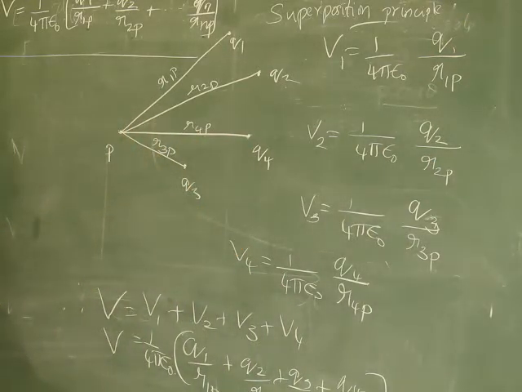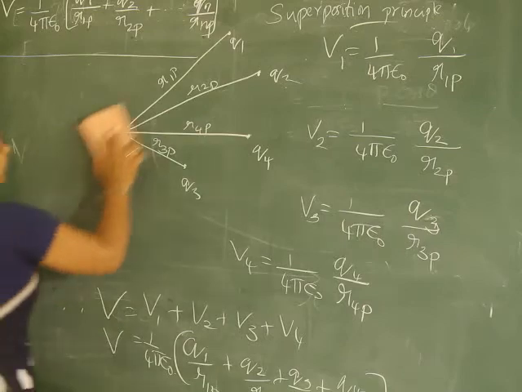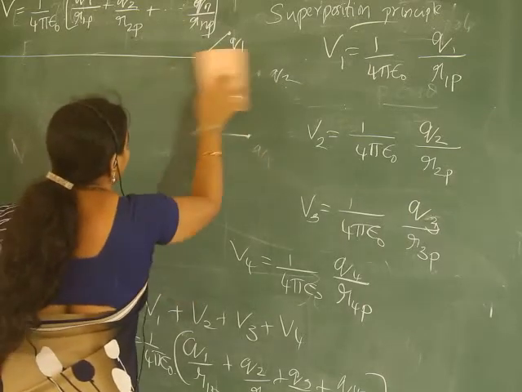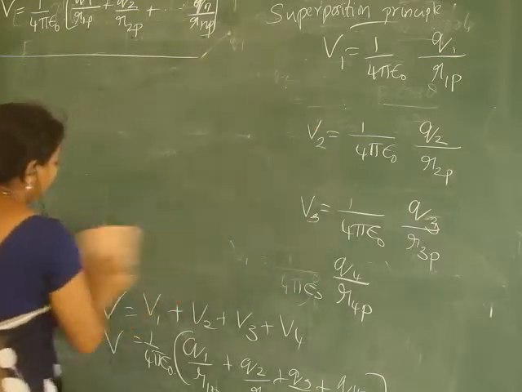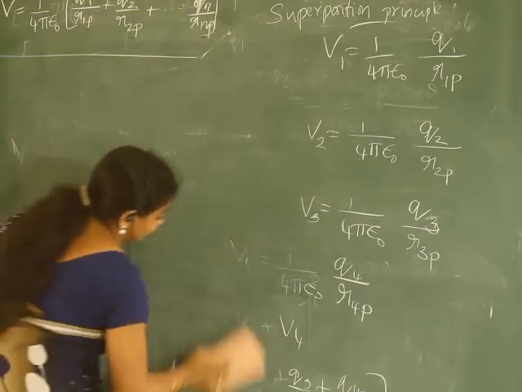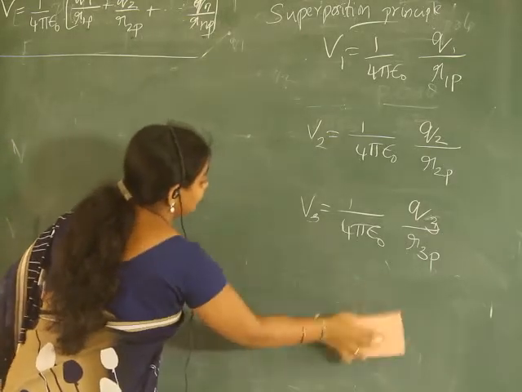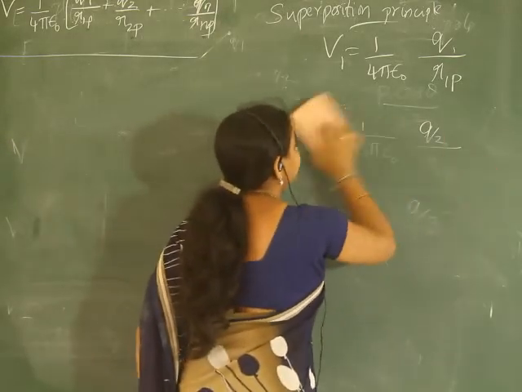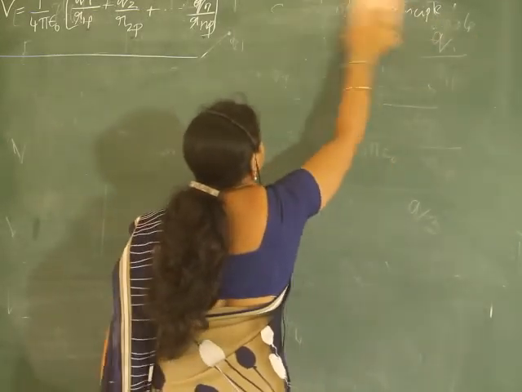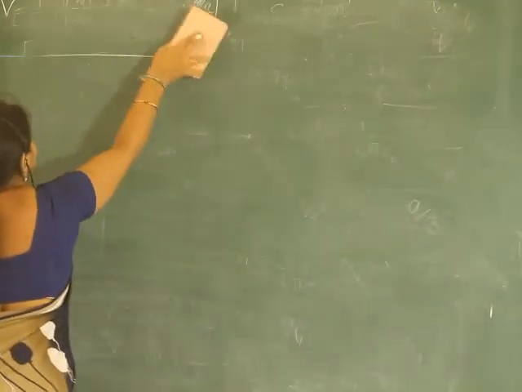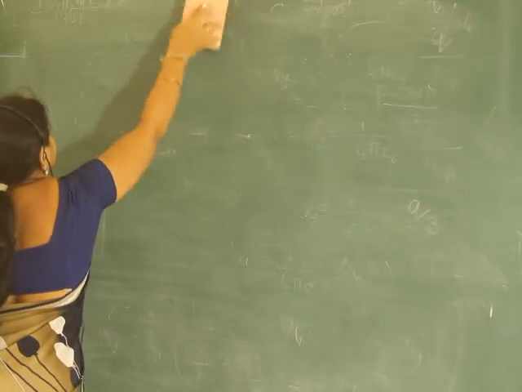The next concept we are moving to is comparing a few concepts from previous chapters. We had done one derivation at the end of the previous chapter, that is spherical shells, correct? Do you remember that spherical shell? Yes. We derived the expression for the electric field inside the shell and outside the shell.